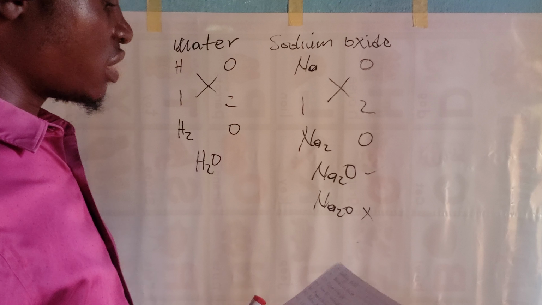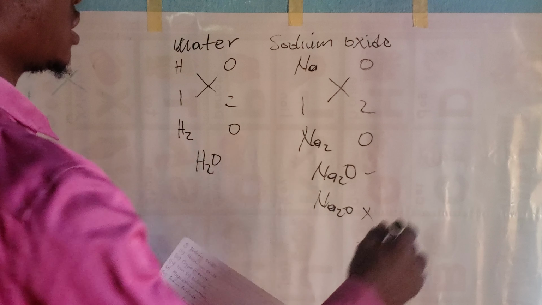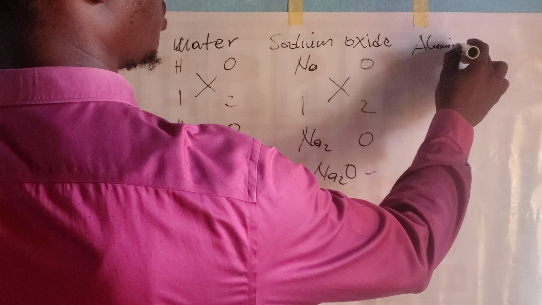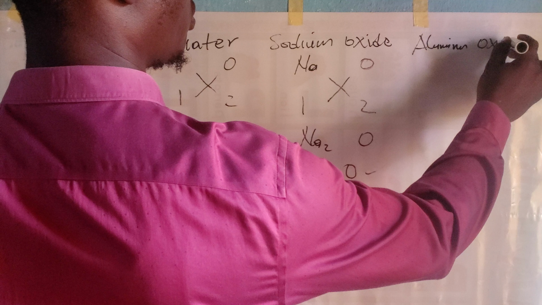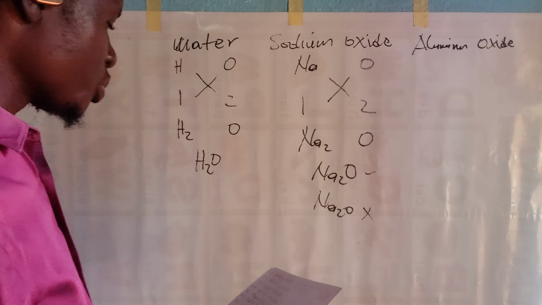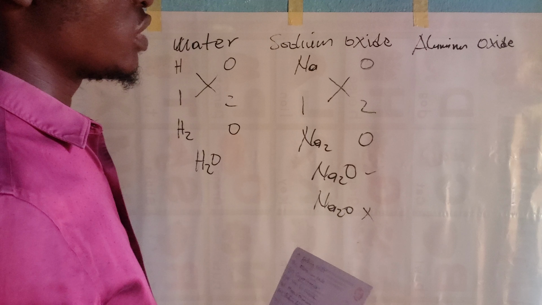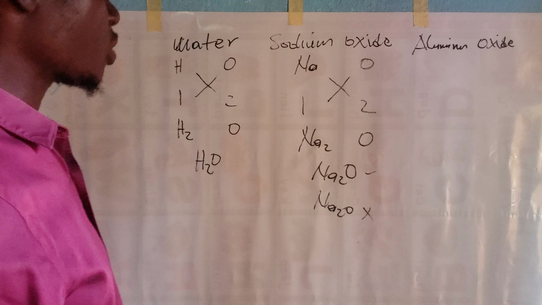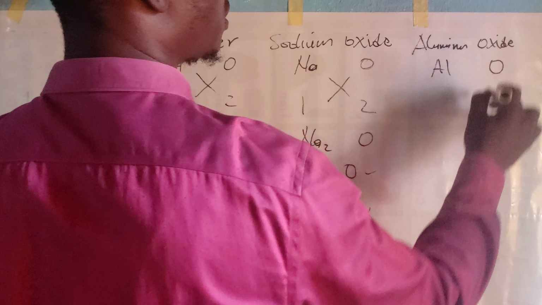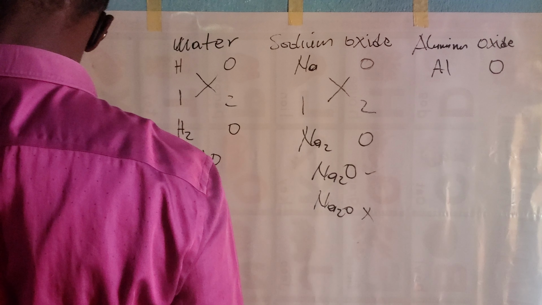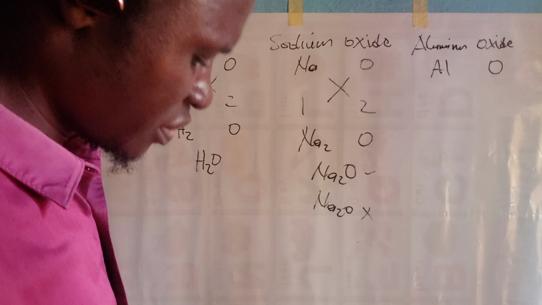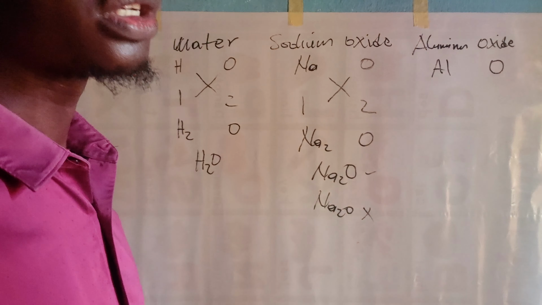Of course, we take another one again, which is aluminium oxide. In this case, we also write the symbol for aluminium and also the oxide. So we see the Al and the O. Aluminium is an element that belongs to group 13 of the periodic table.